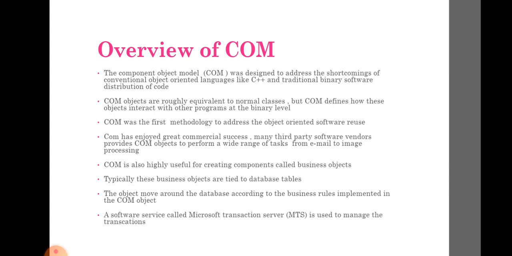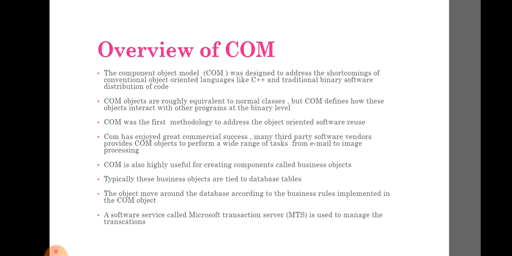Got it? COM objects are just like our objects in the class. It helps define how the objects interact with all the members, methods and member variables of the class. This COM is the first methodology to address object-oriented software reuse.